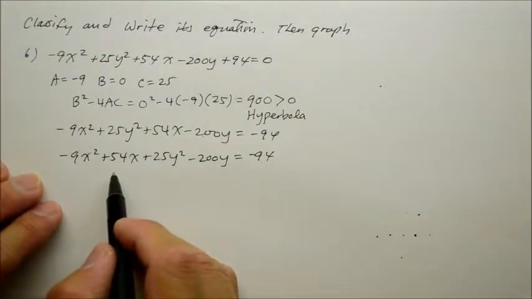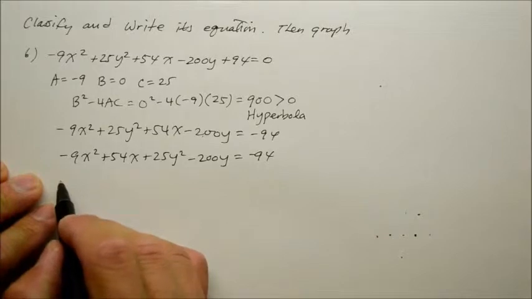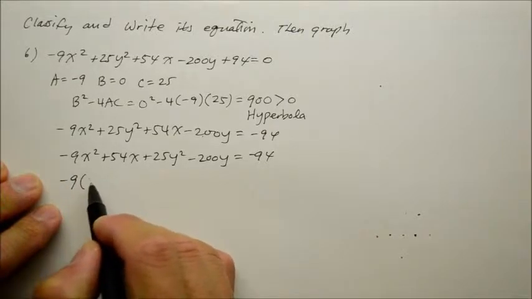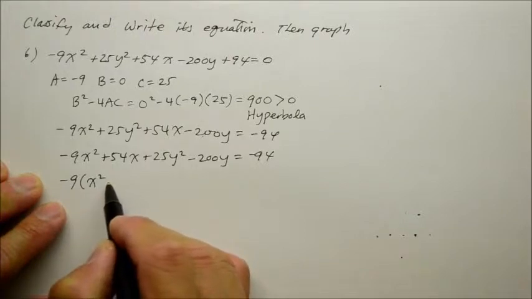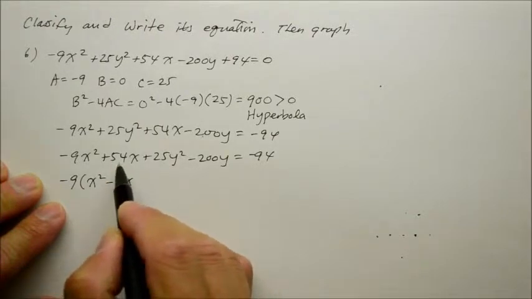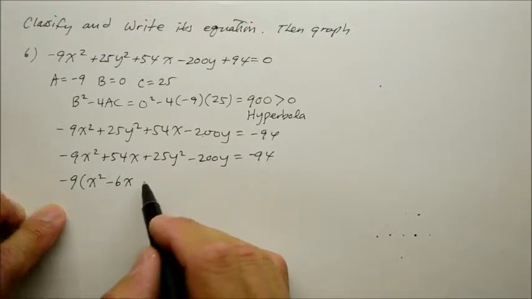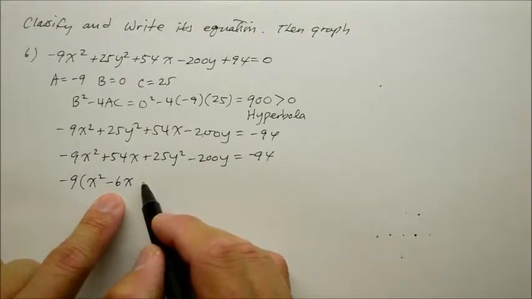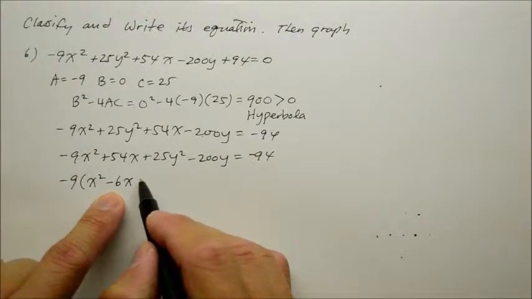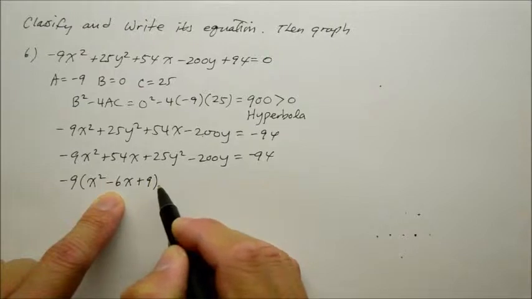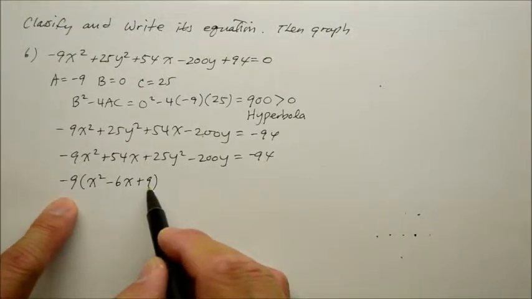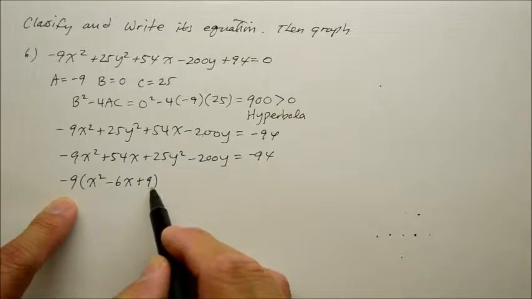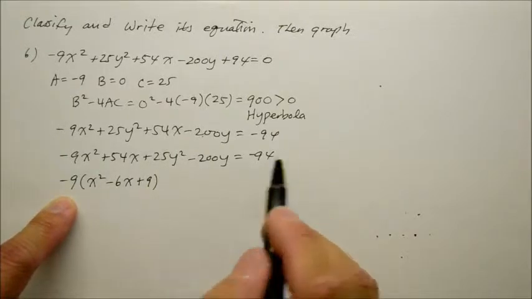Now we could make it into a standard form. We got -9 coming out, so what remains inside is x squared, -9 times -6x becomes positive 54. Now we're going to complete the square. Half the 6 is 3, and 3 squared is 9. Knowing that this 9 times the leading coefficient -9, so that's -81, is going to be combined to the right side of the equation.